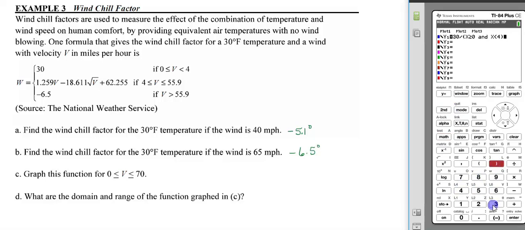Okay, close that condition and go ahead and do the next piece.